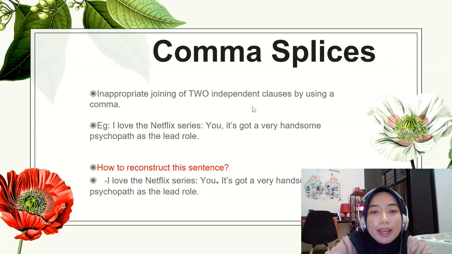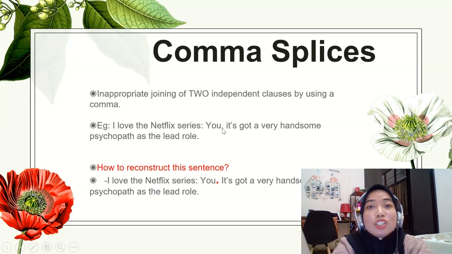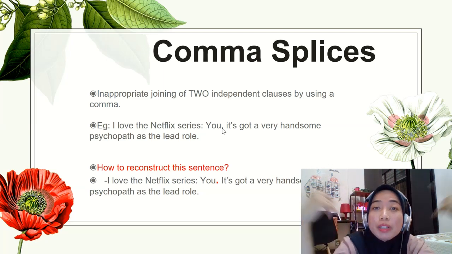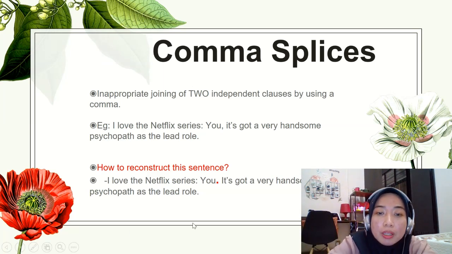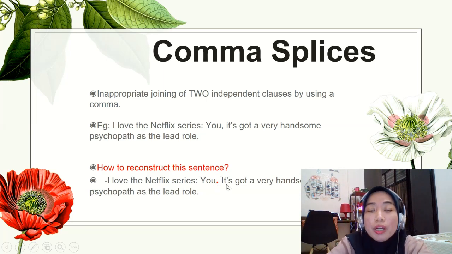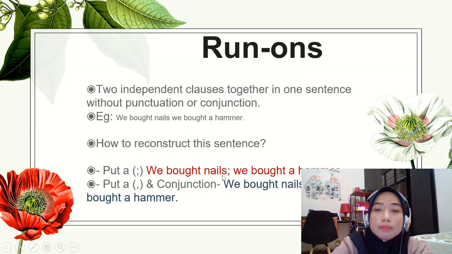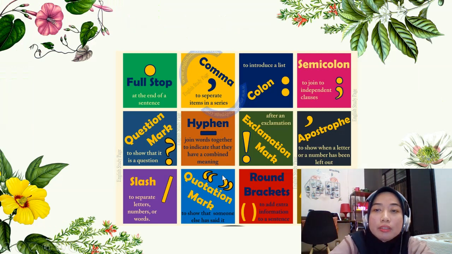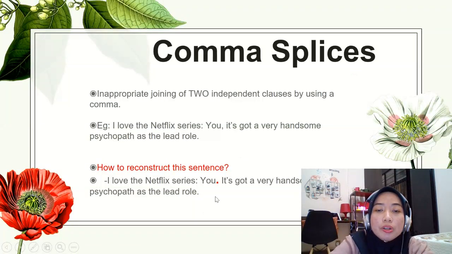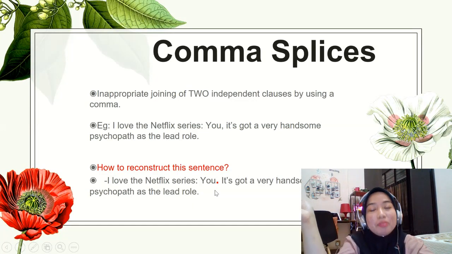But you can also put a semicolon in between these to become one single sentence. So here, if you want to repair this sentence, you can put either a full stop and then you make this capitalized, or you can put a semicolon in between here to make it into a grammatically correct sentence. Okay, that is how you do comma splices.